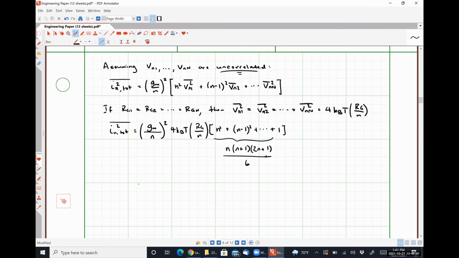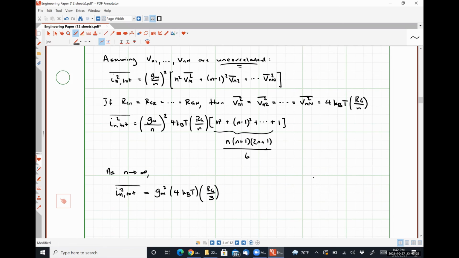So if we evaluate this as n approaches infinity, then In total becomes Gm squared times 4 kBT times Rg over 3.